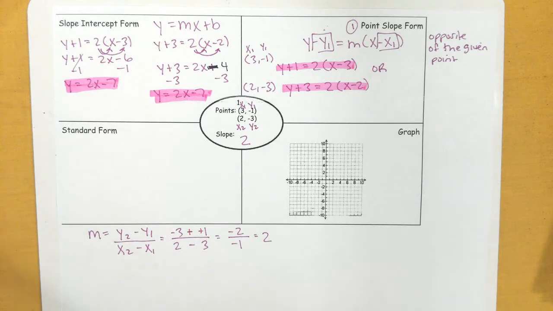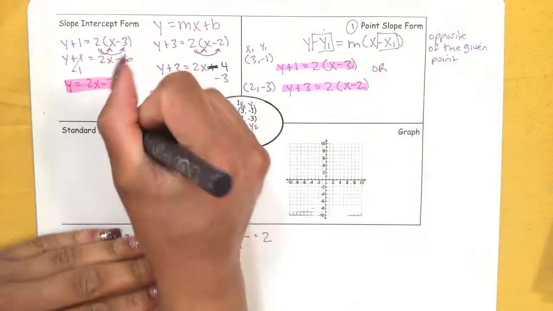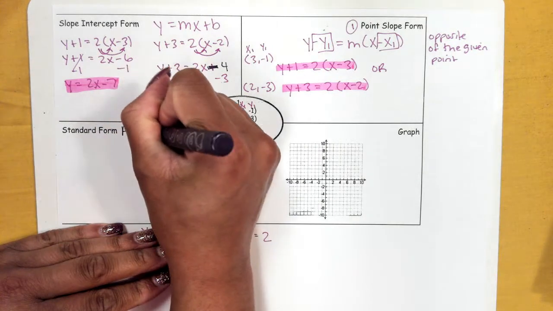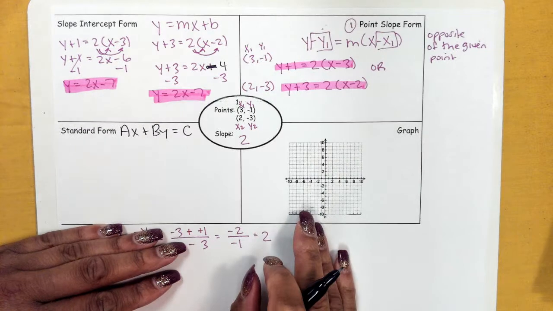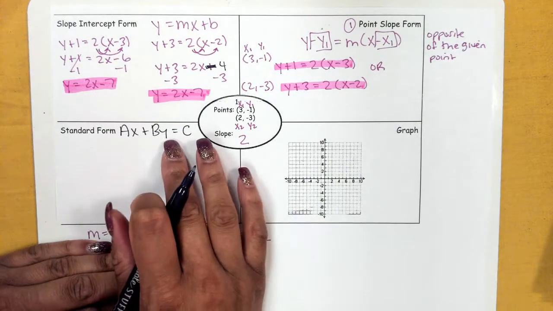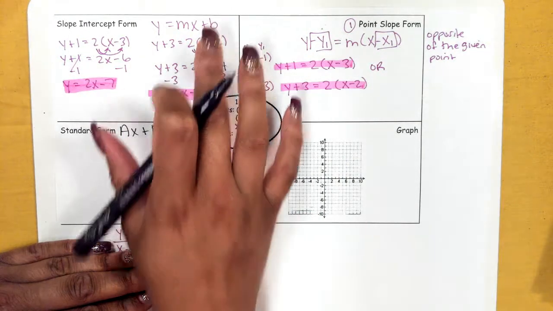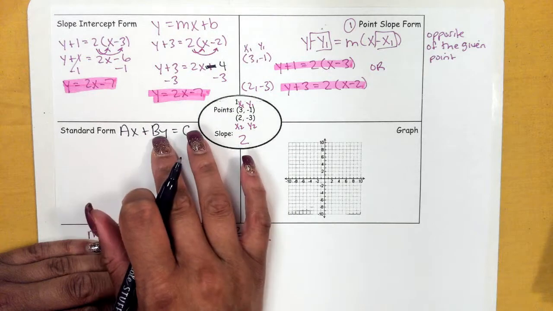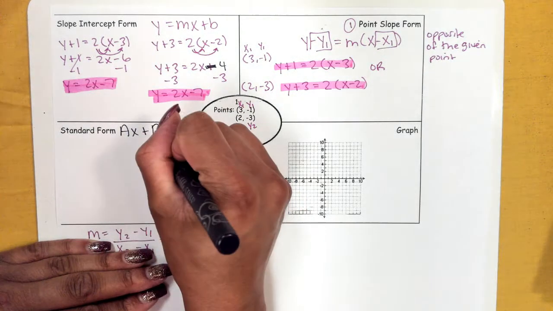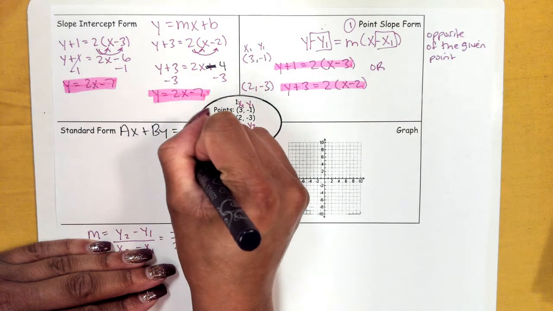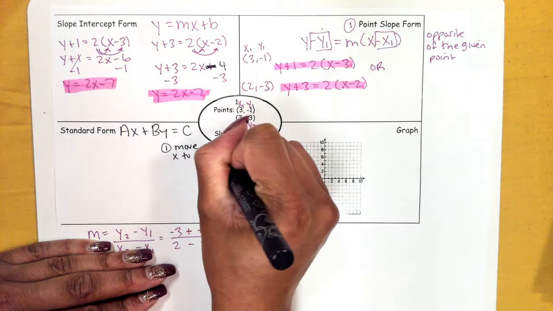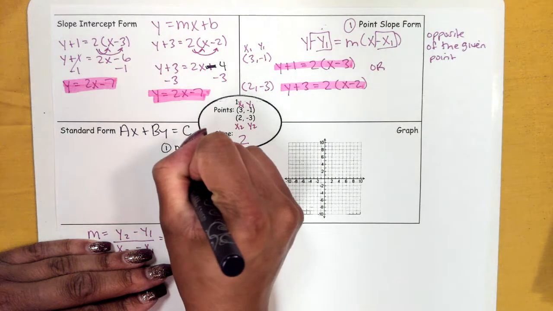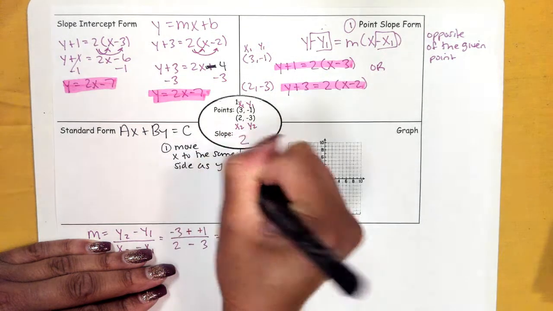So now for our standard form, and standard form is ax plus by equals c. Okay, so the difference between this one and our slope-intercept form is x and y are on the same side. So your first step is to move x to the same side as y.